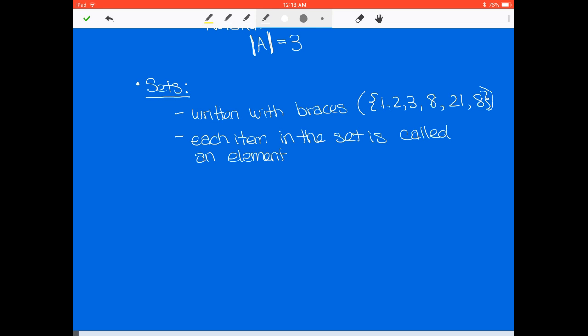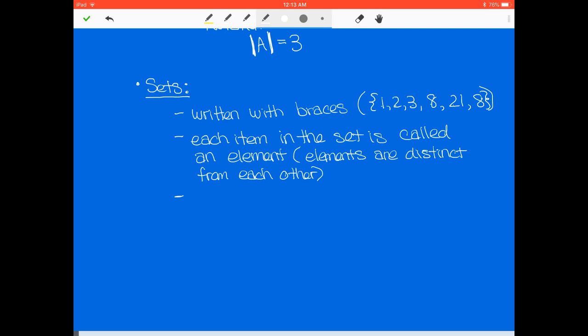Now remember, elements are distinct from each other. I'm not sure if that's proper English, but you can help me out in comments and let me know.